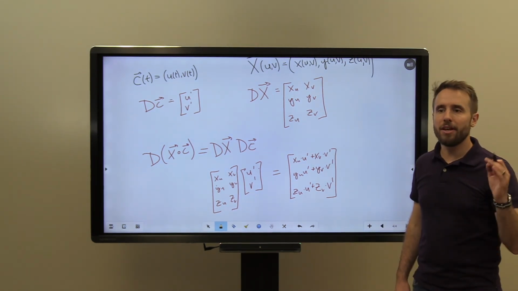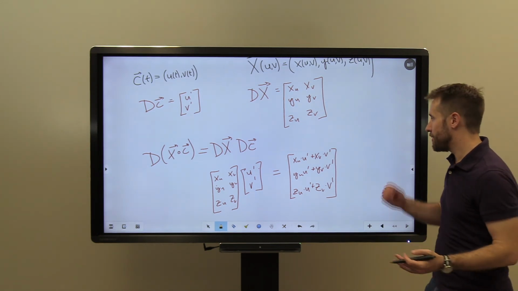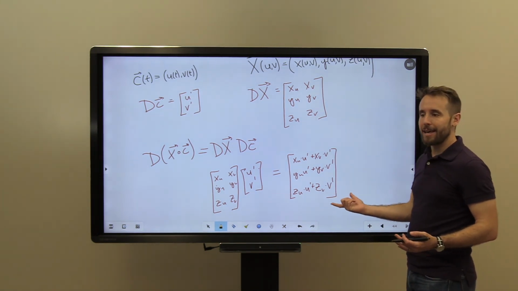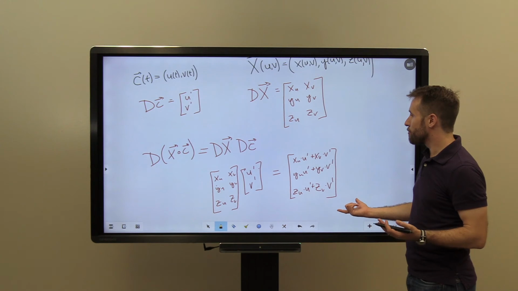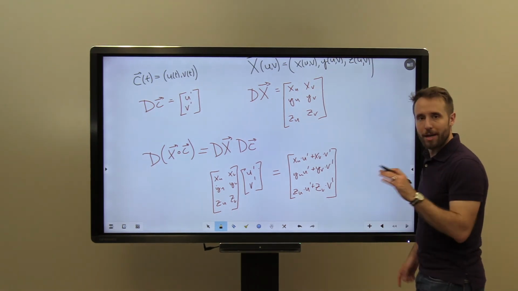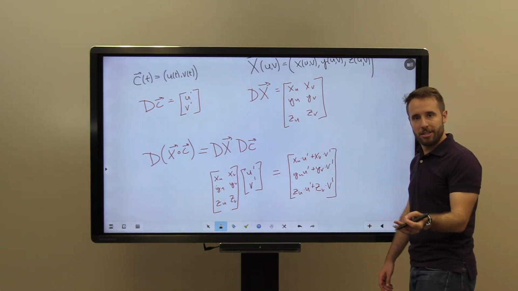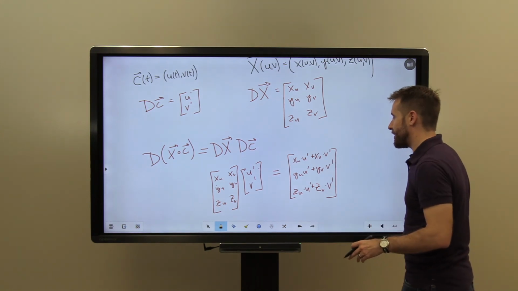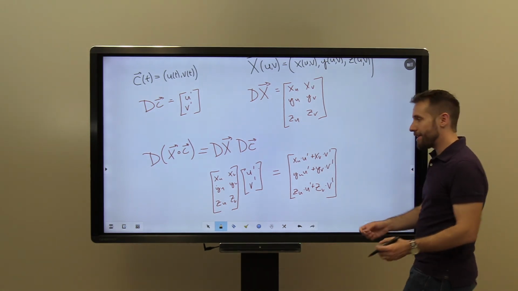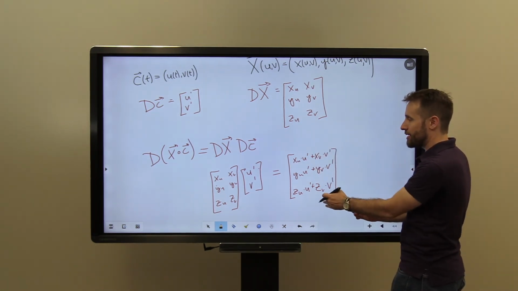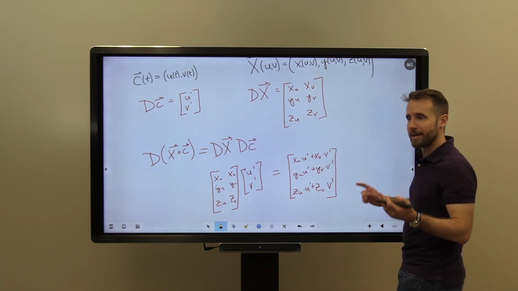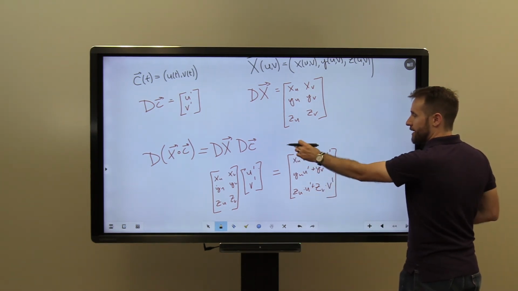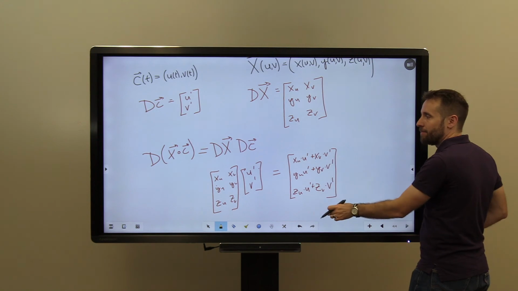We can write this another way, which we'll often choose to do. Notice that I can rewrite this by breaking it up along vector addition and scalar multiplication. Specifically, I can break this up along this addition into the addition of two vectors, right? So that would be this column plus this column.